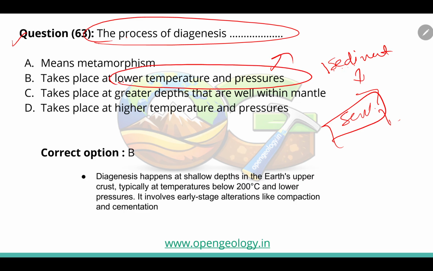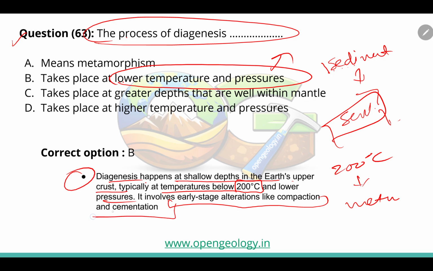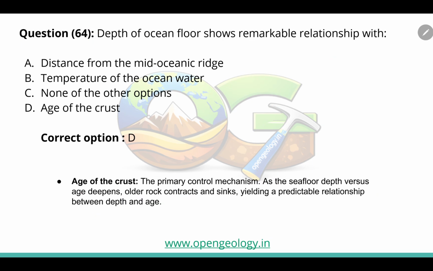If they increase further, it will be converted into metamorphism. Diagenesis happens at shallow depths in the earth's upper crust only, and the temperature range is up to 200 degrees Celsius. If it goes more than 200, we call it the start of metamorphism. It involves early stage alterations like compaction and cementation processes.